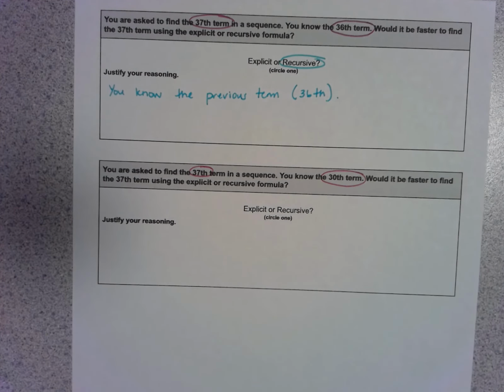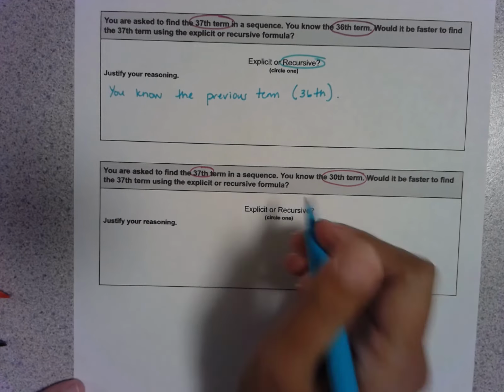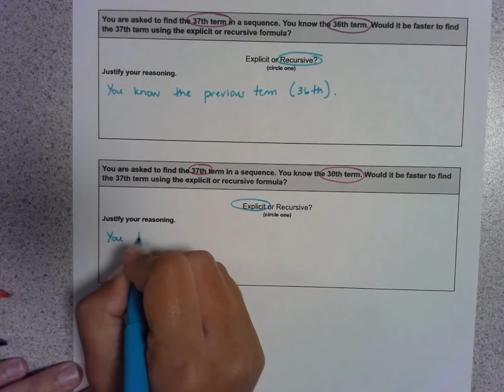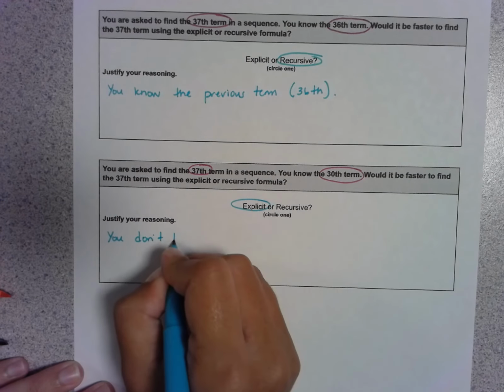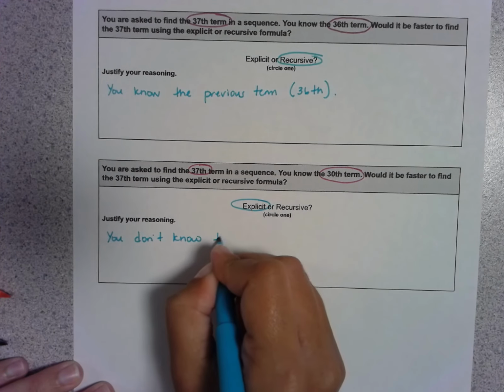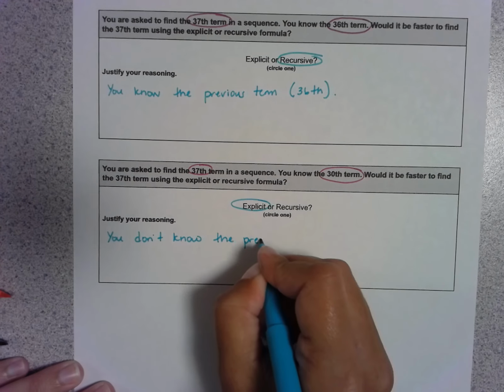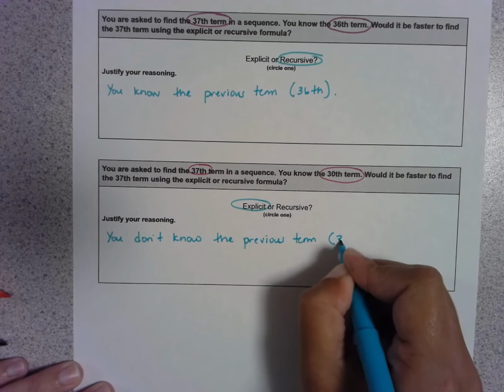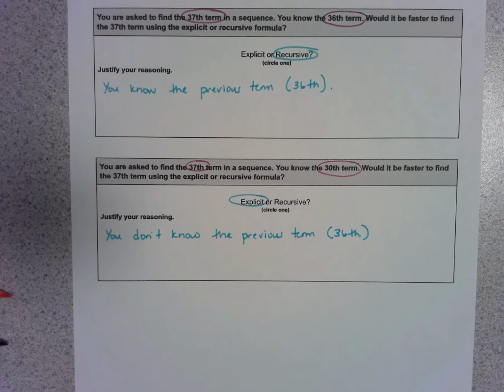But I still think that because you don't know the previous term, you would want to use the explicit because you don't know the previous term, which we need in order to use the recursive formula. So since we don't know it, we would want to use explicit.